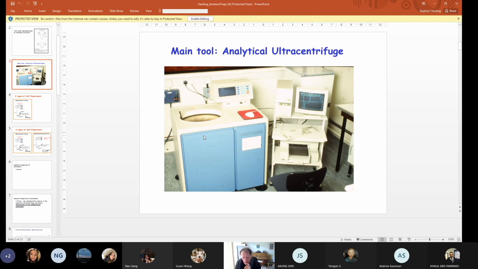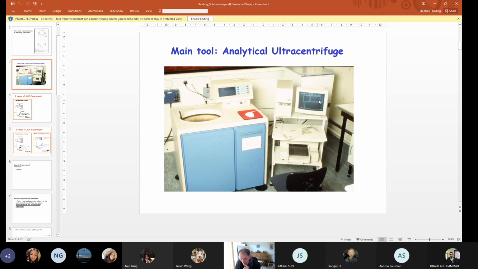But it's an analytical one because it's got a special optical system which can actually let you follow the sedimentation process under very high speeds.